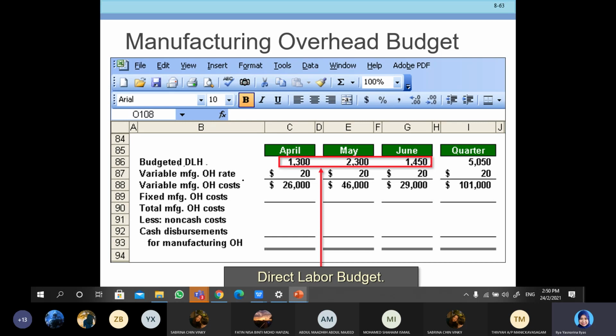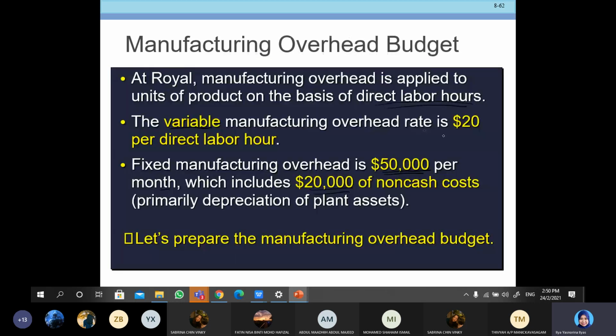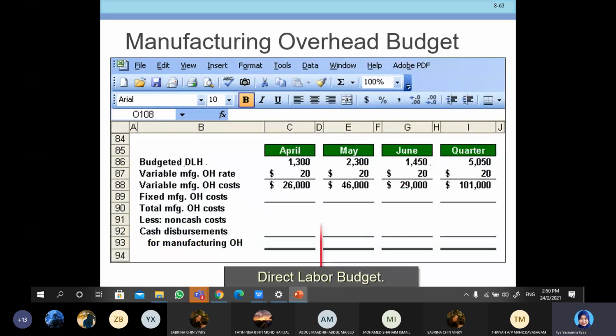Then we multiply by the variable manufacturing overhead rate of $20 per direct labor hour. So we get the variable manufacturing cost here after we multiply this: 26,000, 46,000 and 29,000.